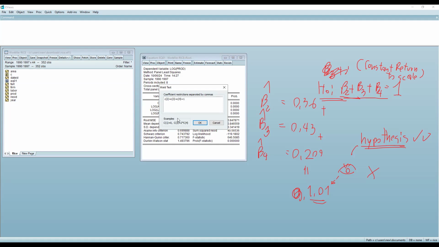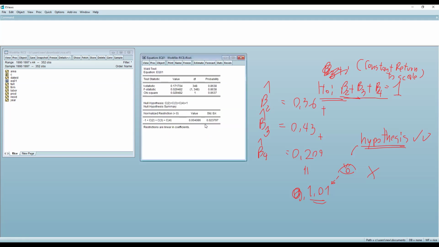Okay, then click OK. But your duty is to know how to read the result. If you set the equation like this, it means you use the F test. So your duty here is to read the probability.